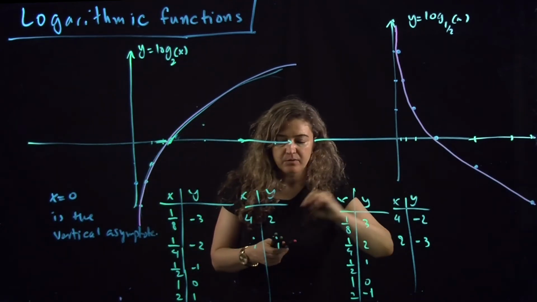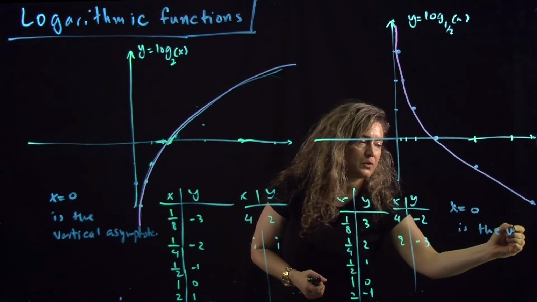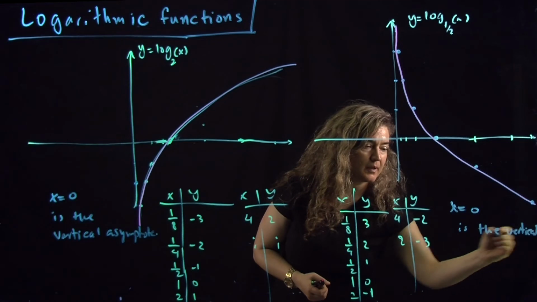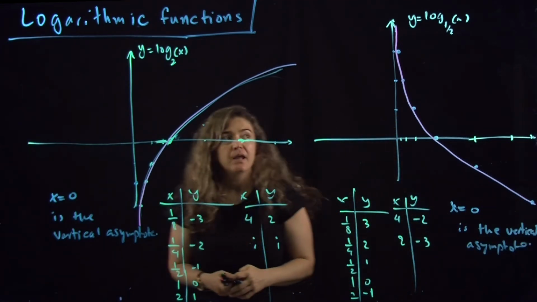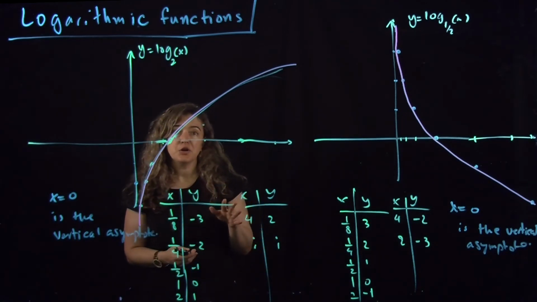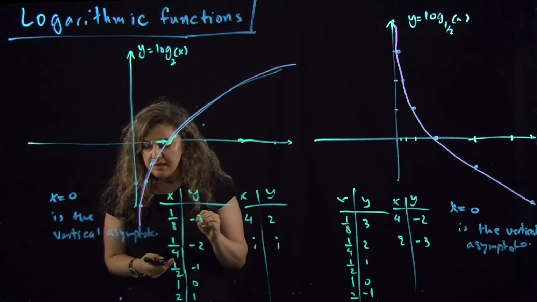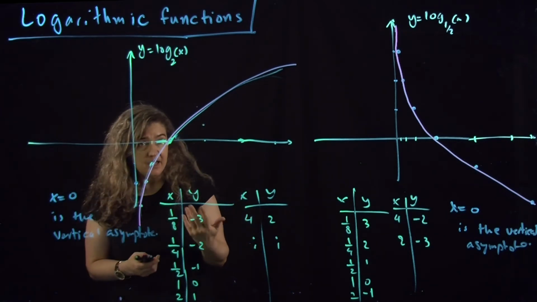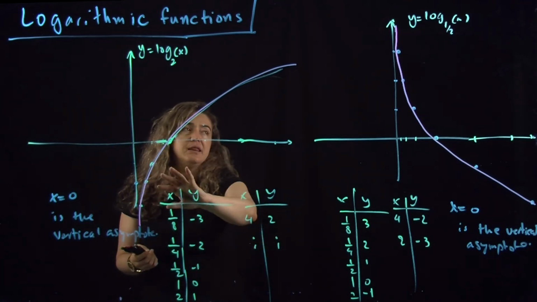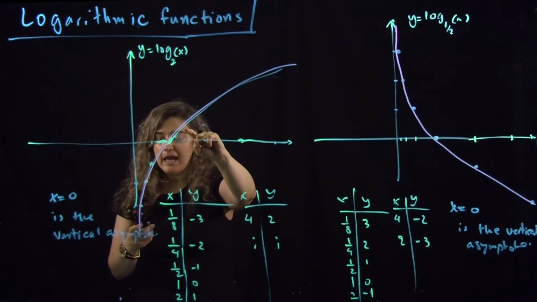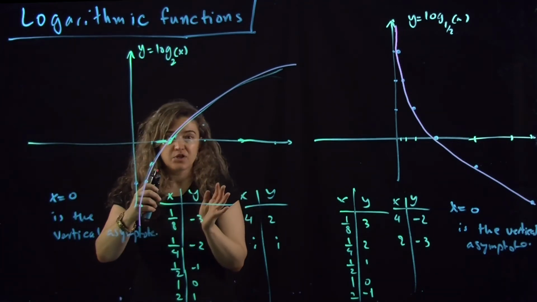Again, here x equal to 0 is the vertical asymptote. Things to notice, these somewhat look familiar, and there is a familiarity that we know. This function and 2 to power x are the inverse of each other.